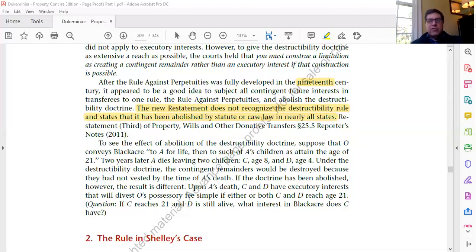And so since A's vested estate is of a lesser quantum than T's fee simple estate, T has retained a reversion in this devise.